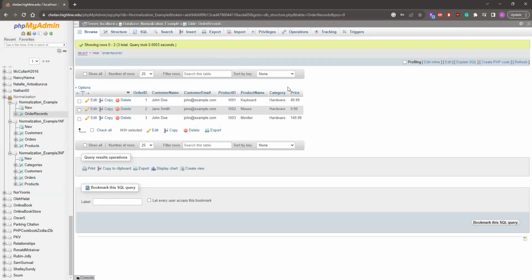And next we have orders, which would have the order ID and all the information connecting those two tables together.